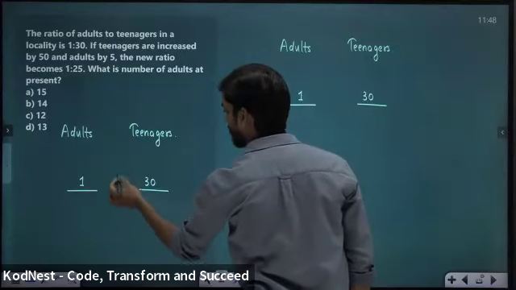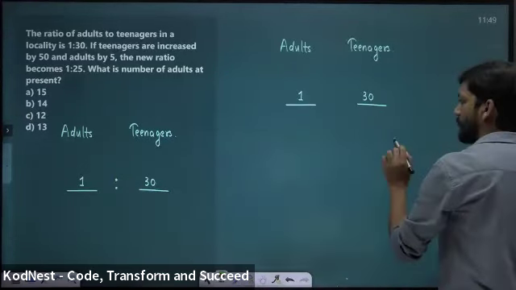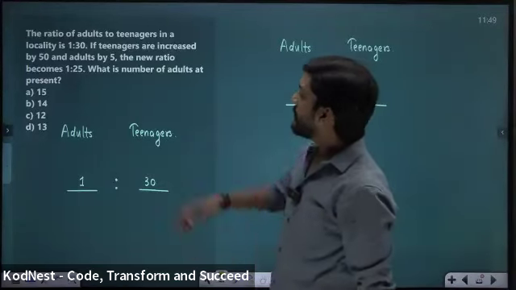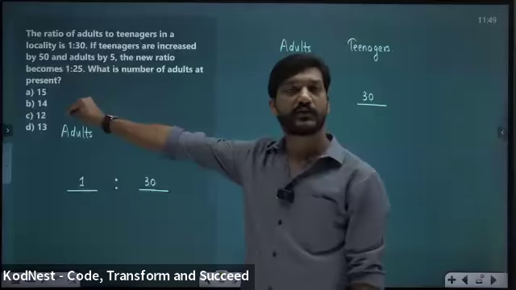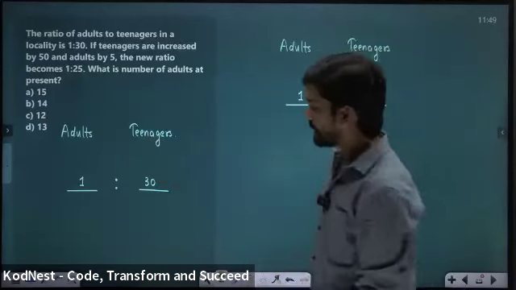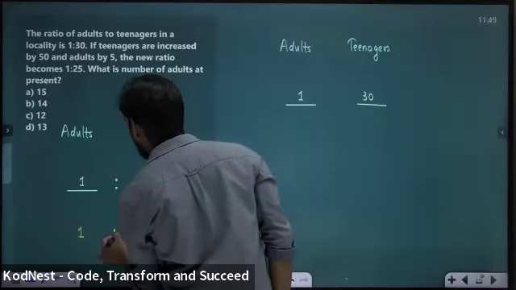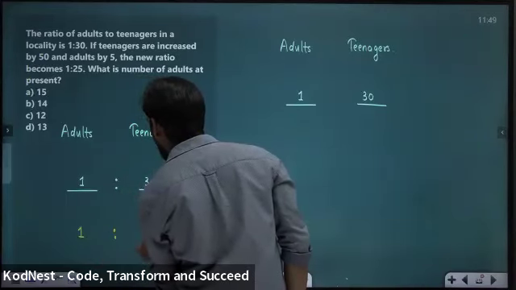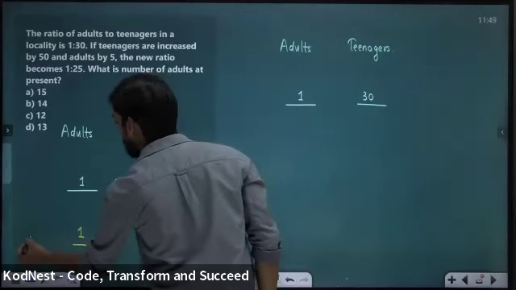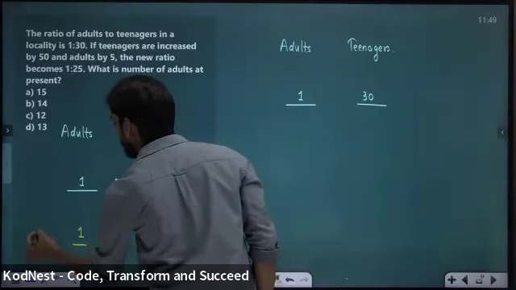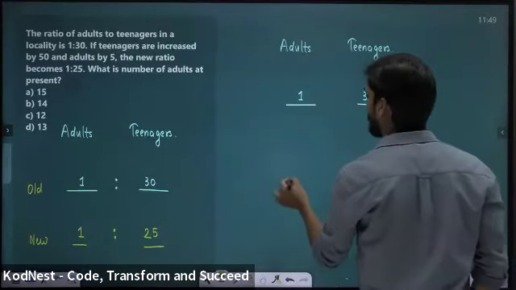This is the ratio. I've taken the values directly from the ratio. The second ratio is 1:25 after the values change. So the new ratio is 1:25. This is the old ratio, this is the new ratio.